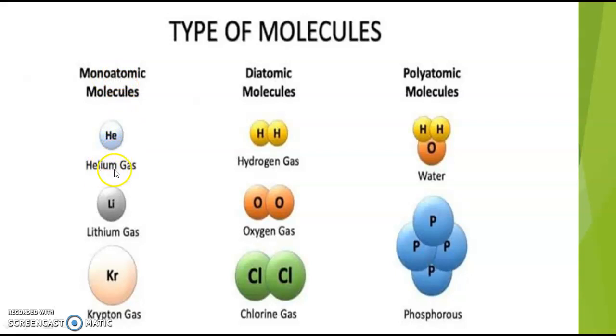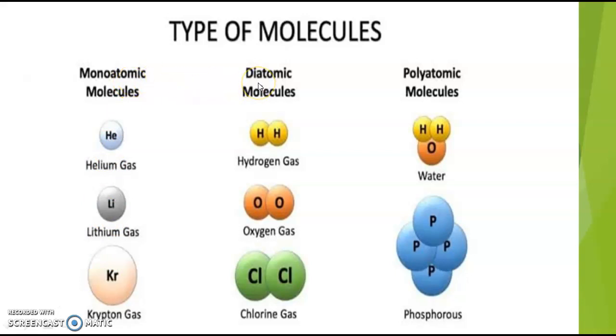For example, helium gas. Helium gas has only one atom, so it is called monoatomic. In the same way, lithium and krypton, all the noble gases and the metals are included under monoatomic molecules because they have only one atom in their molecule. As you can see, only one atom is present.